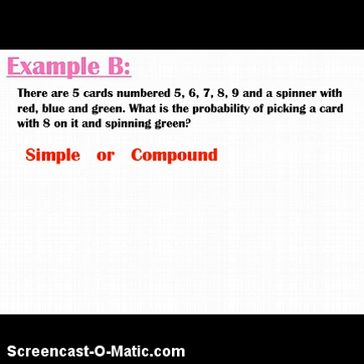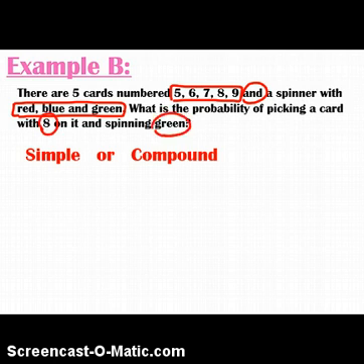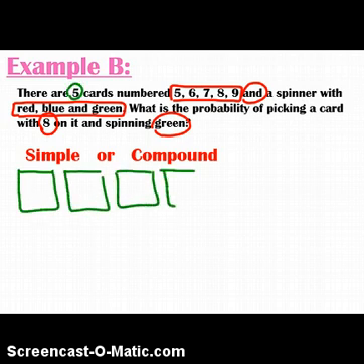Example B, there are 5 cards numbered 5, 6, 7, 8, and 9, and a spinner with red, blue, and green. What is the probability of picking a card with an 8 on it and spinning a green? So I have a couple of things happening here. I have cards, and I have 5 of them, it says. And my cards are labeled 5, 6, 7, 8, and 9.